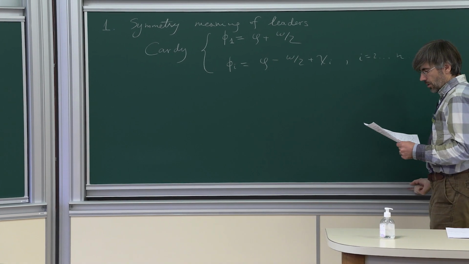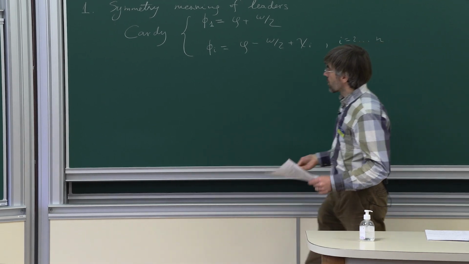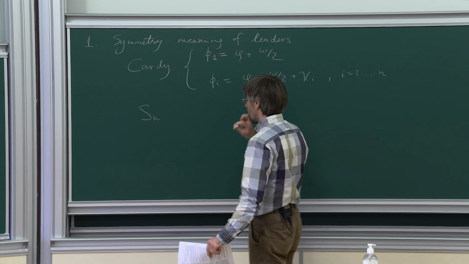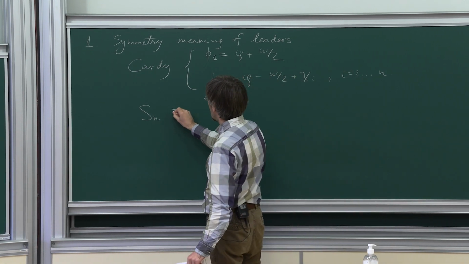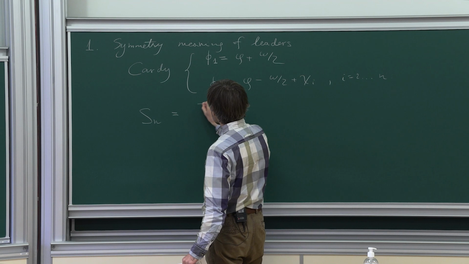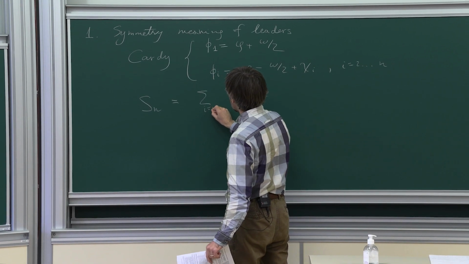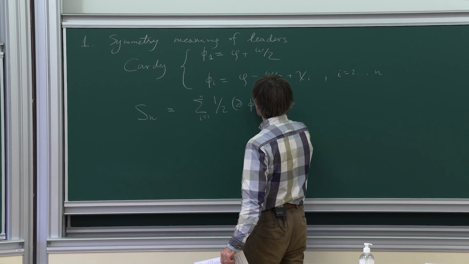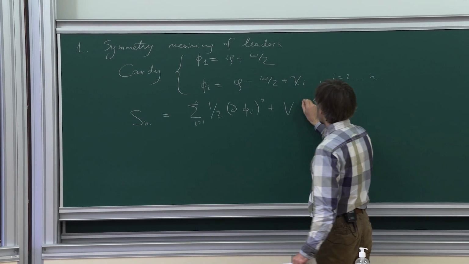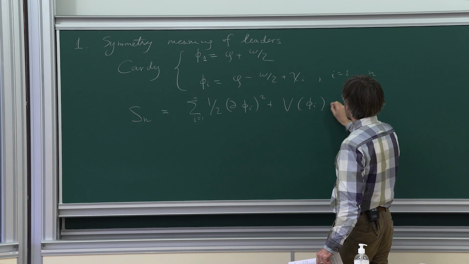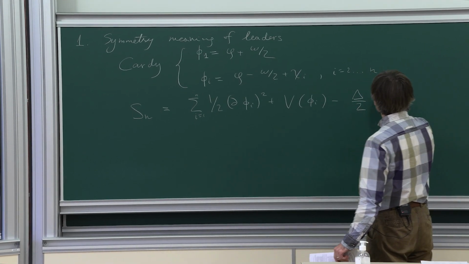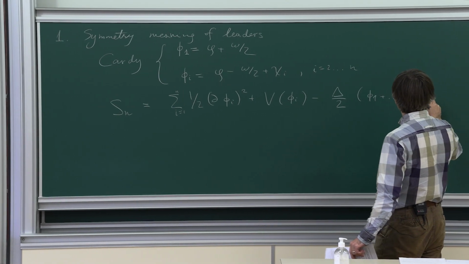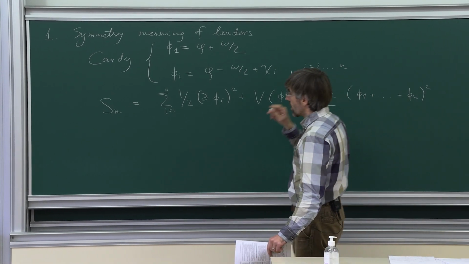And then with this Cardy transform, I can transform the replicated action Sn, which has Sn global symmetry and which has the form sum over I from 1 to n 1/2 d phi I squared plus v of phi I minus delta over 2 phi 1 plus phi n squared.